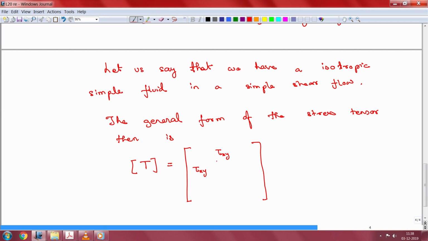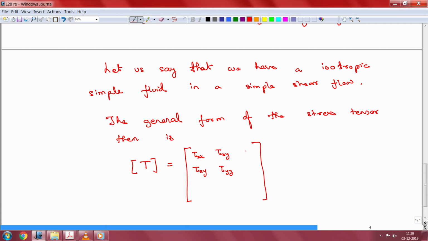Now if this was just a Newtonian fluid, you will only have the pressure terms contributing to the normal stresses here, and they would be equal in that case. But here in the more general case, you can have pressure, you can have normal stresses that are going to develop in these directions, right.